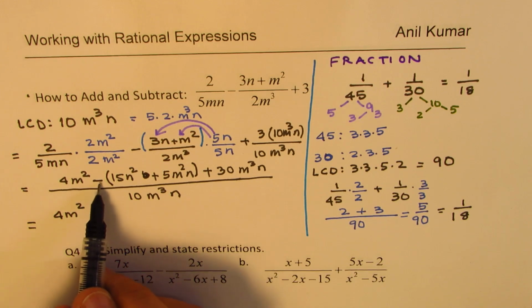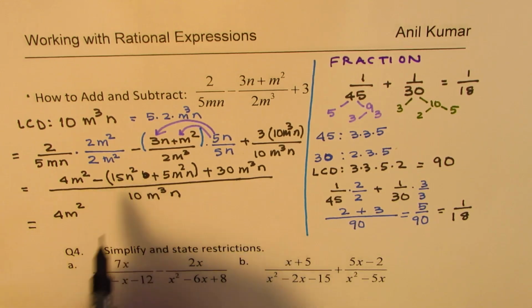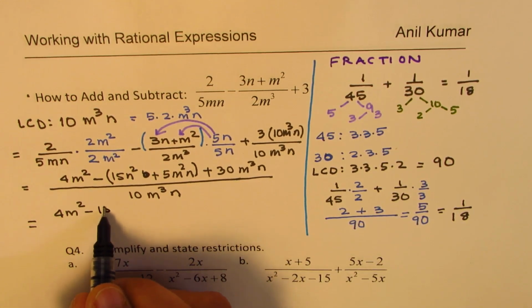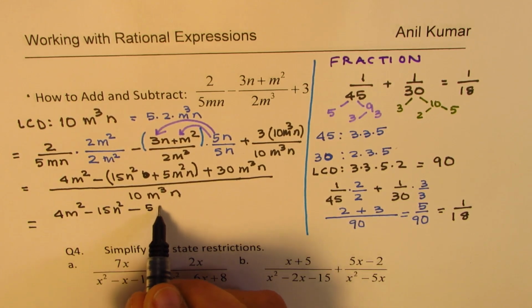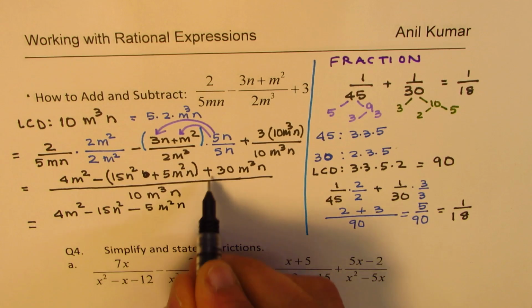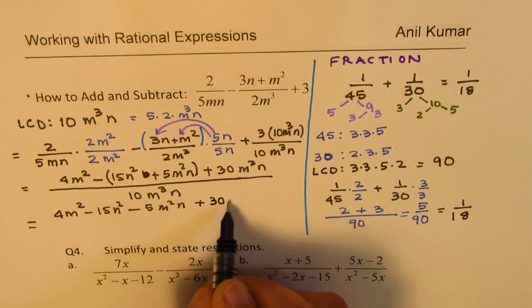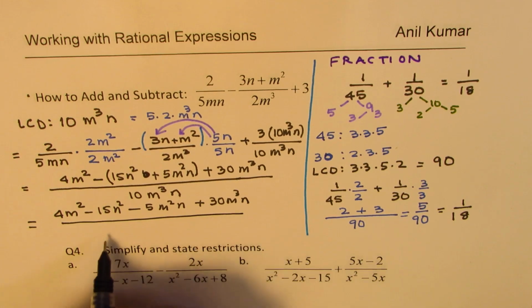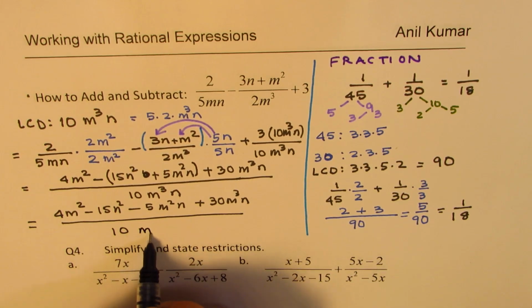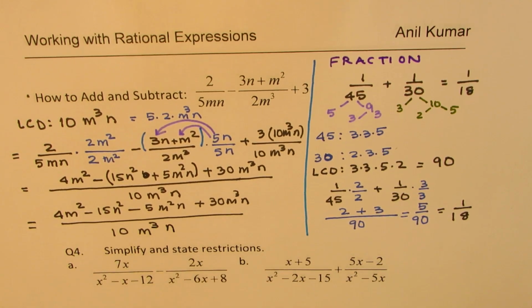Okay, so when we open this bracket, signs will change. We'll have minus 15 n squared, and this is also minus 5 m squared n, and that is plus 30 m cube n, and the denominator is 10 m cube n. Is that clear? So that is the first part, where we have added and subtracted our rational expressions.